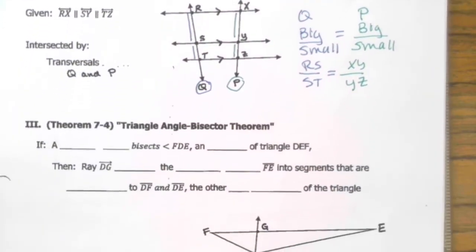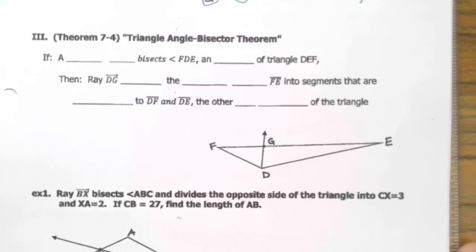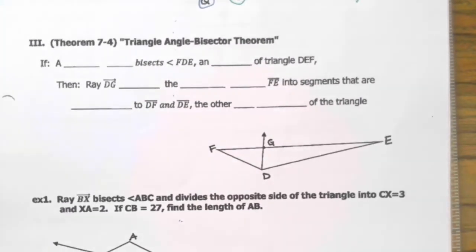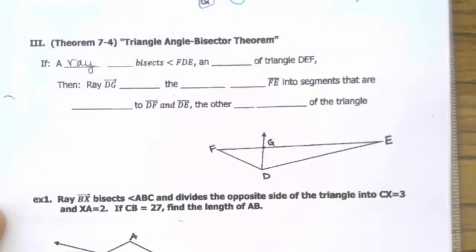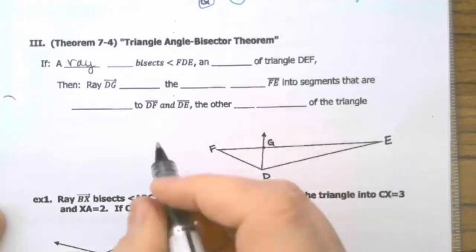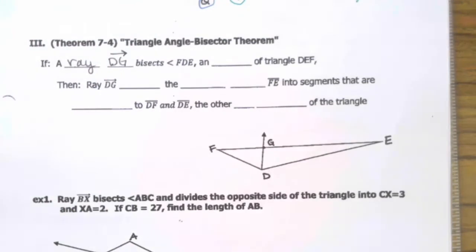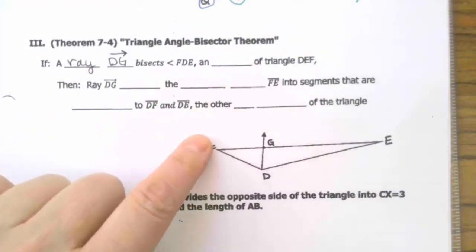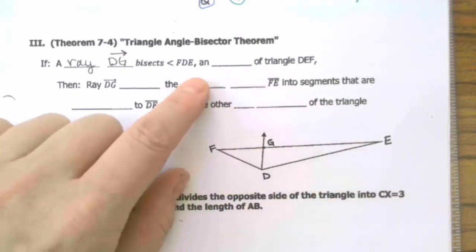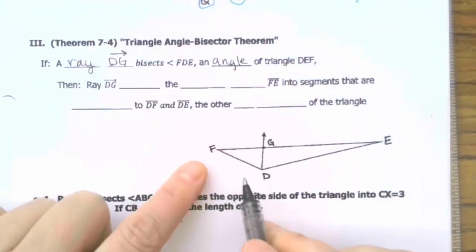All right, theorem 7-4, triangle angle bisector theorem. This one's kind of wild, but it is a lot of fun. So it says, if a ray, and in this drawing, DG is the ray, so ray DG bisects angle FDE, so there's FDE, which is an angle of triangle DEF.